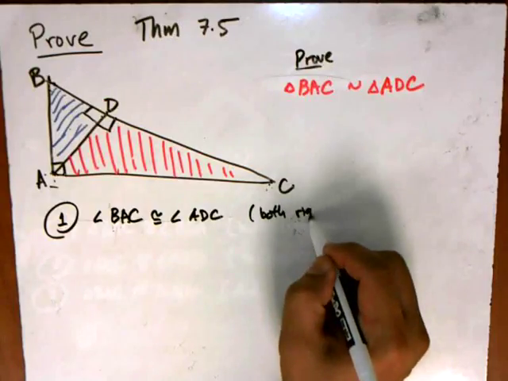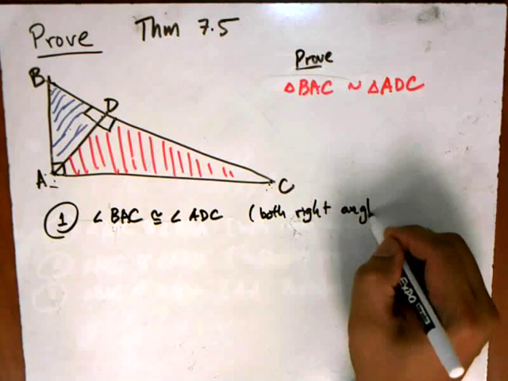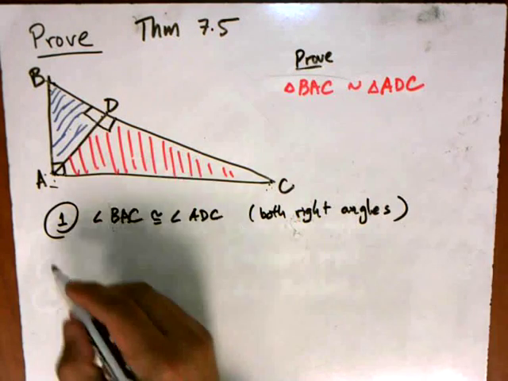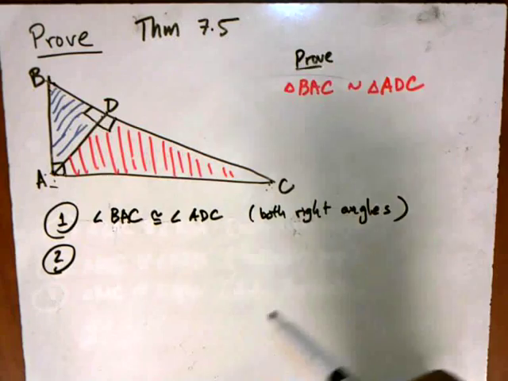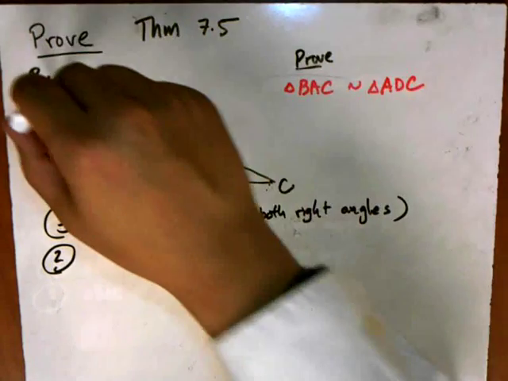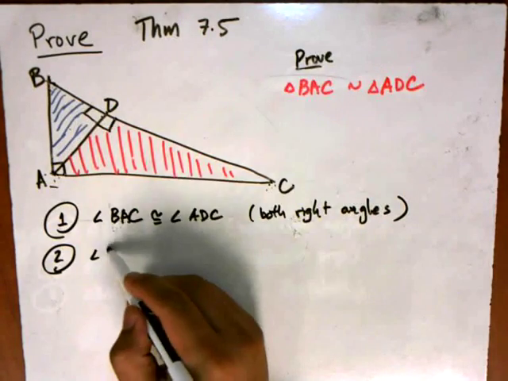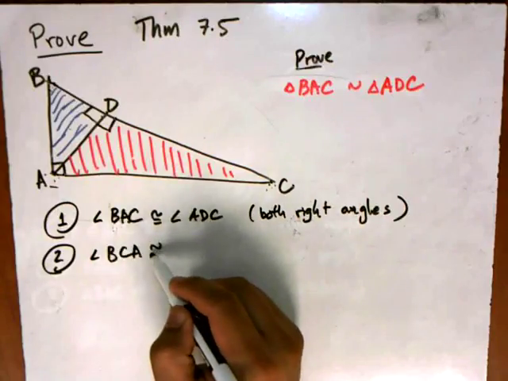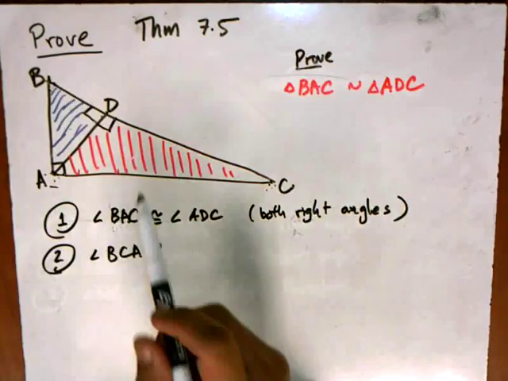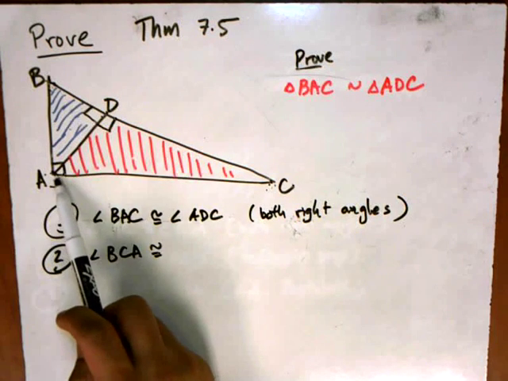And there's also a theorem for this. This is called the right angles congruent theorem. Then looking at the big triangle again, you can see that angle BCA is also congruent to angle ACD.